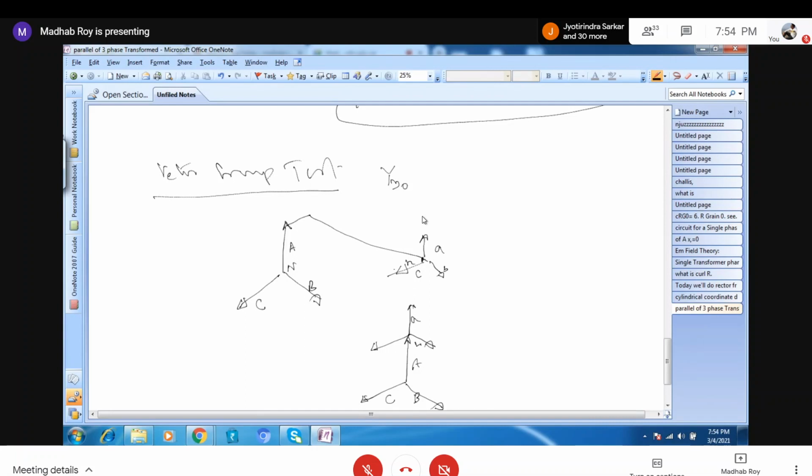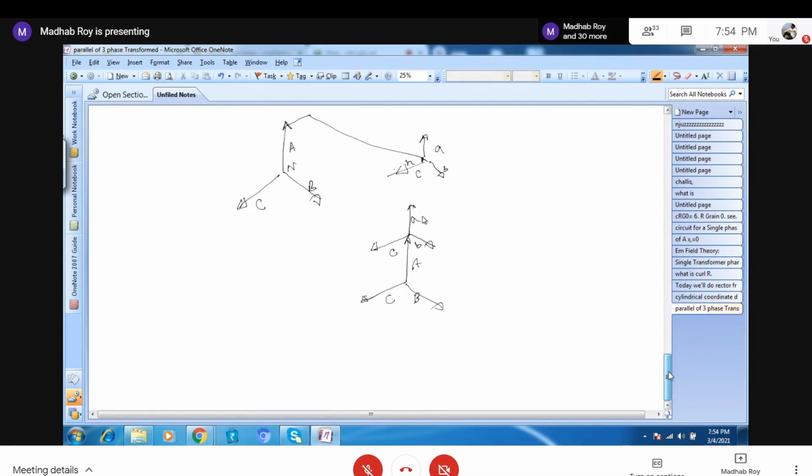A, B. So that's what we have done. So what will be the voltage between the neutral to this point? If we connect a voltmeter from here, what will be the reading of the voltmeter? And if we connect the voltmeter from here to here, what will be the reading? That reading will show us the condition of this.